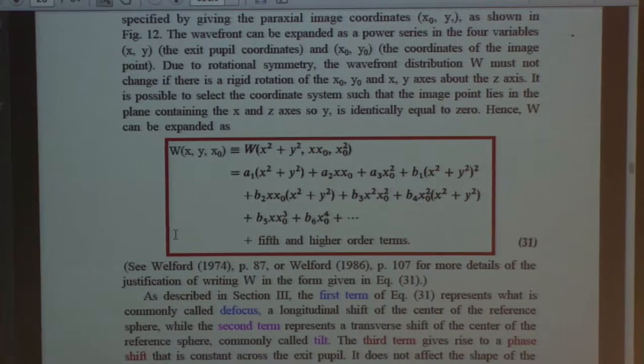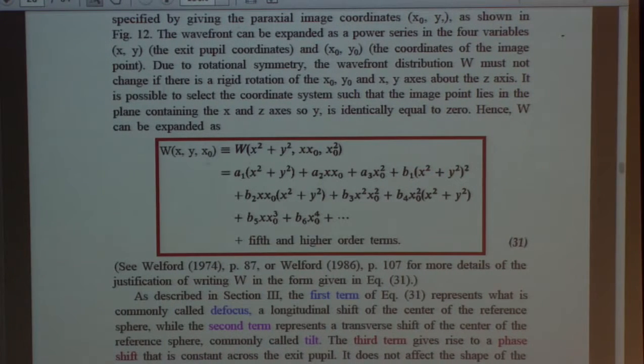Anyway, I'm not going to go into a derivation of the Seidel aberrations. If you go to Welford's book, or his two books, I mentioned Welford had a first book in 1974, where I think every equation has a typo in it. And then he cleaned that up, and his second book came out in '86, and that's really a good book.